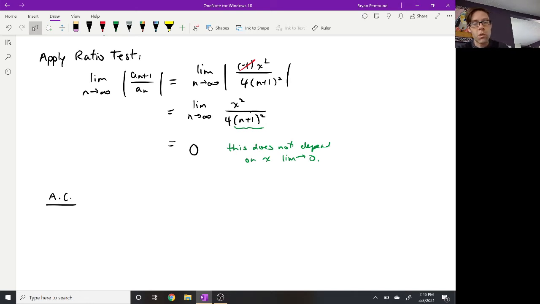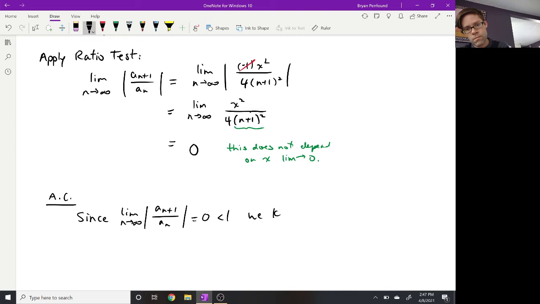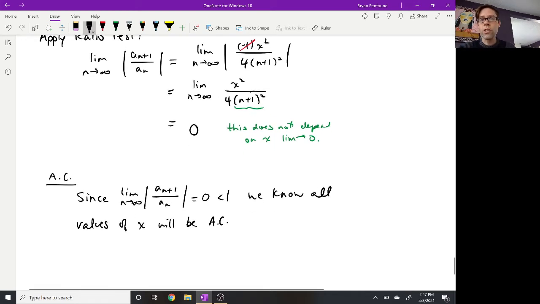All values of x will be absolutely convergent. There are going to be no values of x where we diverge, because the ratio test tells us that this limit always tends towards 0 no matter what.